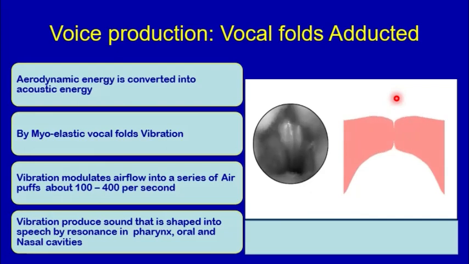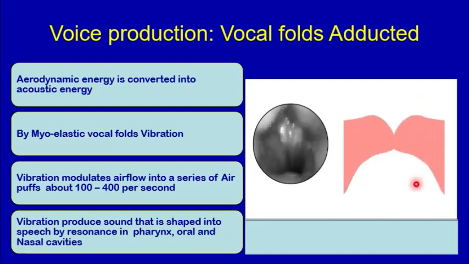This cycle is repeated very quickly, more than 400 times a second in a child, maybe 200 to 300 times in a second for a female, and maybe 100 times a second, like a hertz, in a male.